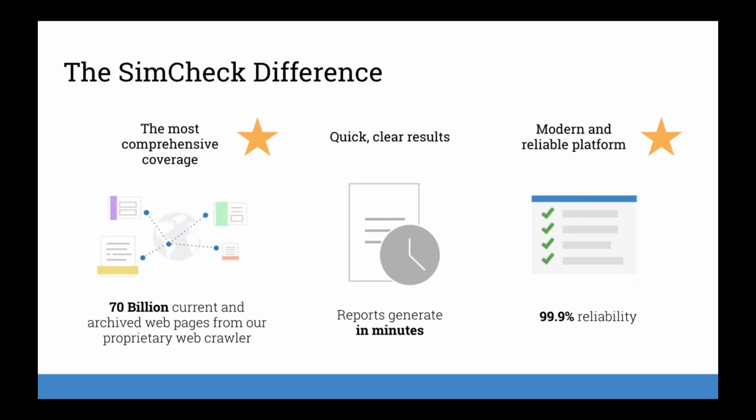But it also checks against a much bigger database. So it has the most comprehensive coverage. When you are comparing the paper against the internet repository, it actually compares against 70 billion current and archived web pages.